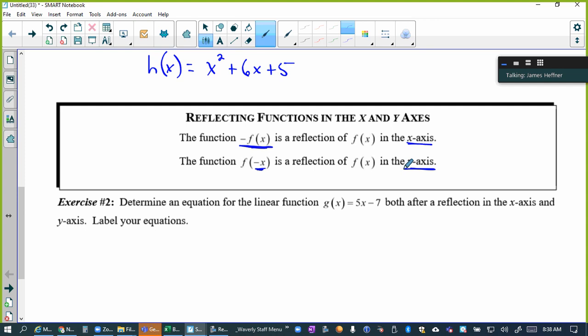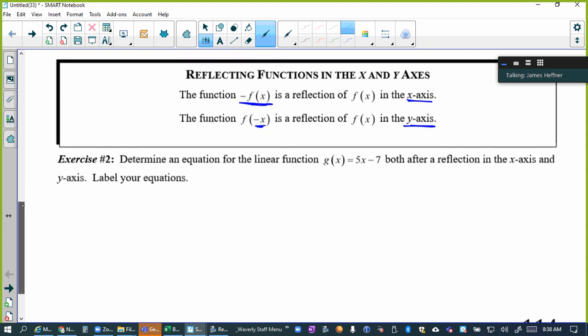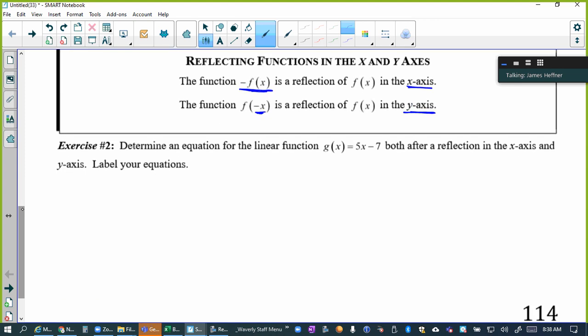Let's look at exercise 2. Determine an equation for the linear function, right? Because that's x to the first, after both a reflection in the x-axis and in the y-axis. So really, for this one, aren't we going to need the following?